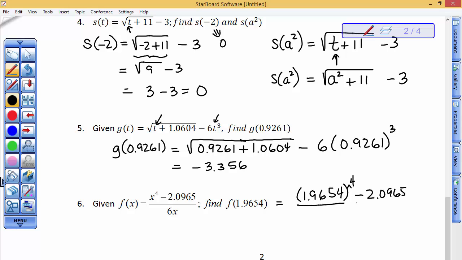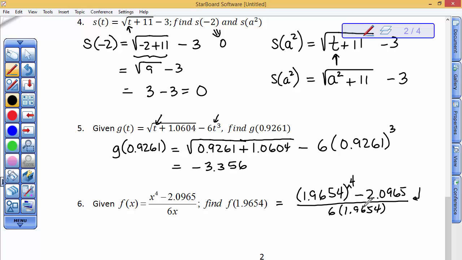I want you to know that either you can do what's in this numerator and then hit enter. I will often hit enter, this is my symbol for enter, and then divide it by what's in this denominator. Or you could even calculate what the numerator is, what the denominator is, and then do the division. Again, I'm going to cover this up. You won't be able to see it. I think I might do it that way.